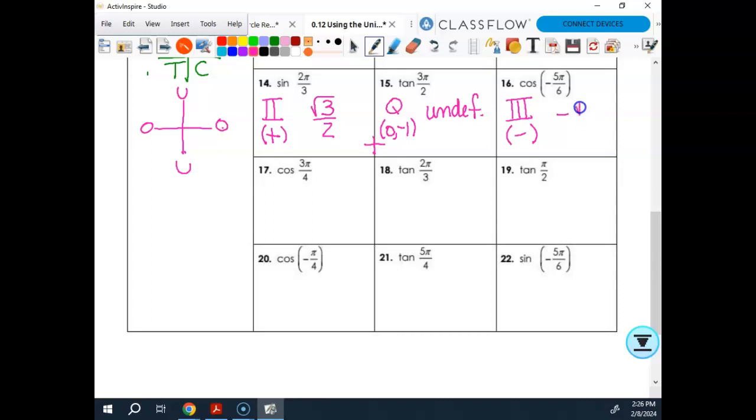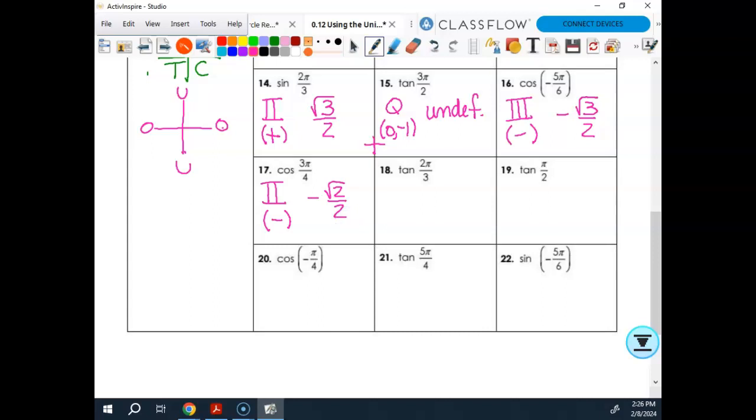Very good, square root of 3 over 2. Okay, we all good so far? All right. Jacob, cosine of 3 pi 4. What quadrant is that in? The second. Second quadrant, is this positive or negative? Negative. So negative something. What's the cosine of pi 4? Square root of 2 over 2. Very good. Everybody good with all that so far?